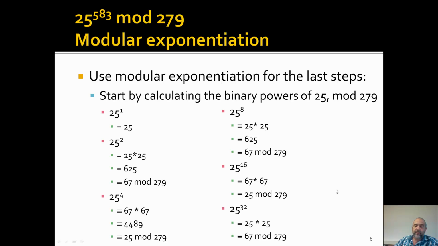Next is 25 to the power 32. That's again 67, because 25 to the power 16 times 25 to the power 16 is 25 times 25, which gives us 67. And again, it's a coincidence that these values are repeating. We get 25, 67, 25, 67, 25, 67. In general, that will not be the case. It's this specific example.